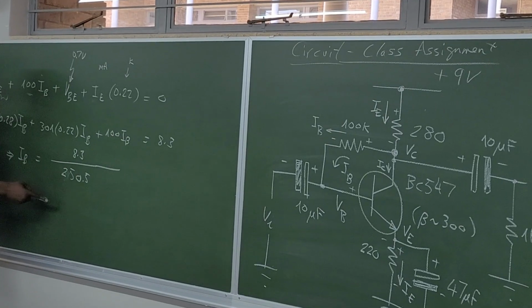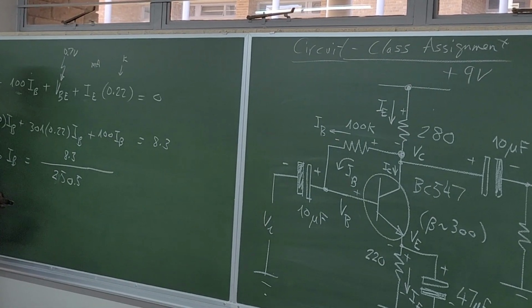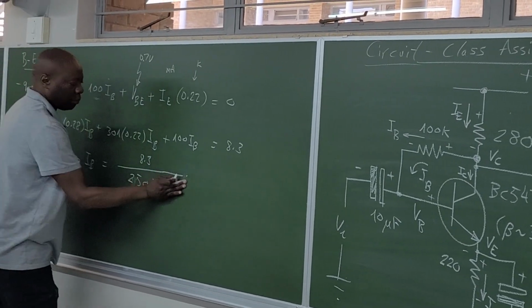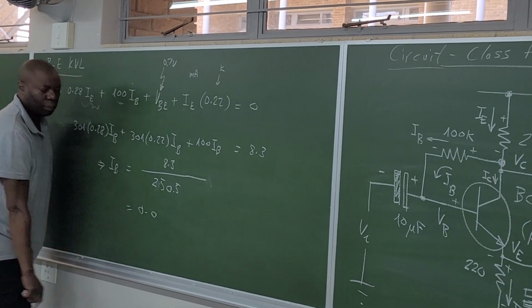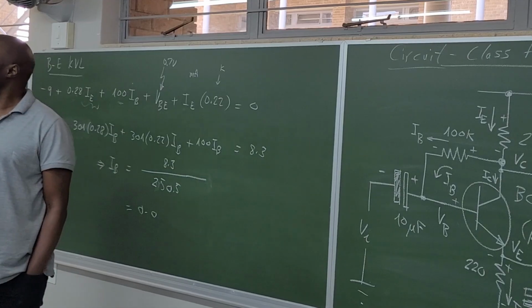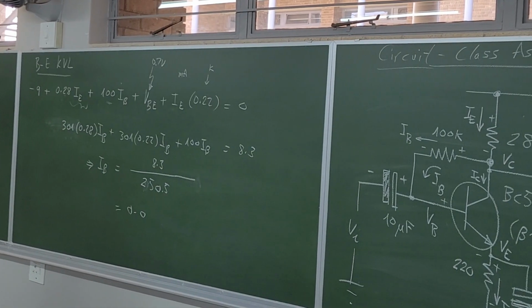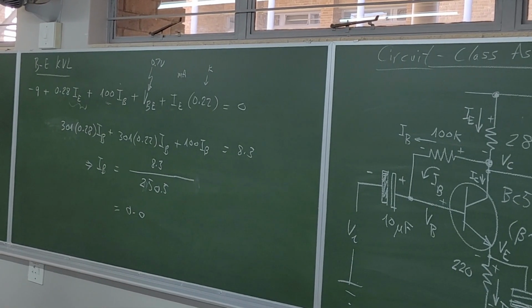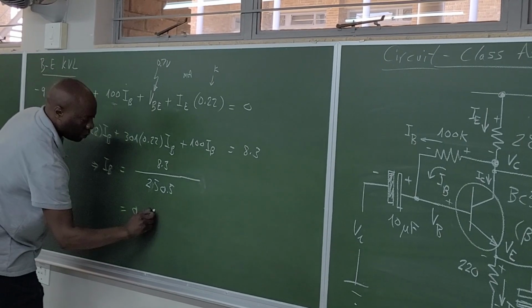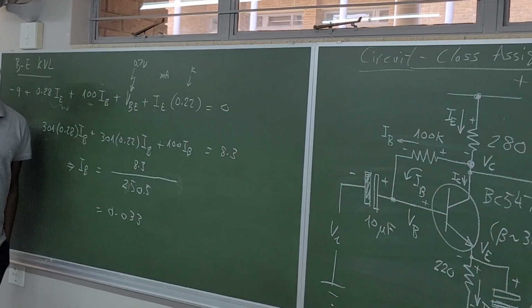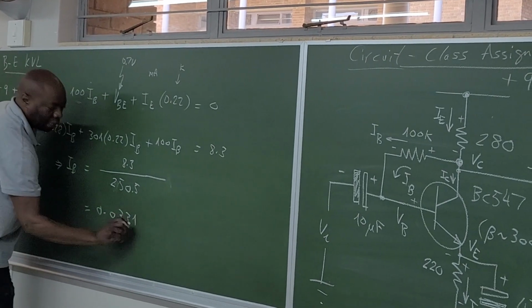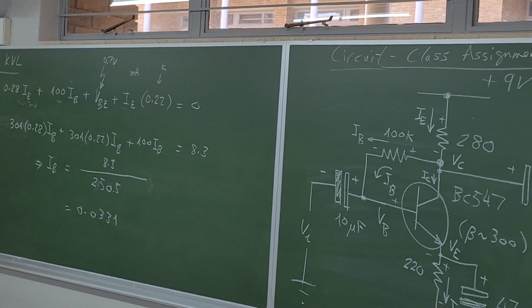How much is this? 8.3 divided by 250.5 is exactly 0.0331. I did say please don't round up carelessly in electronics.